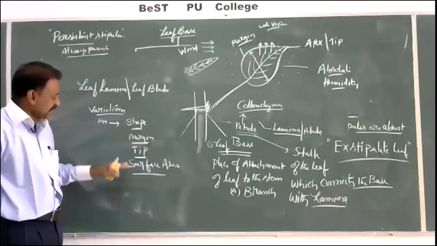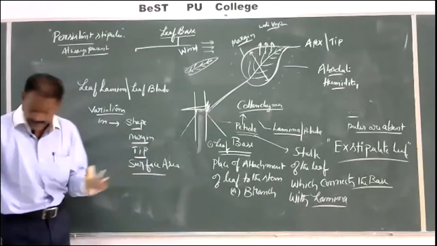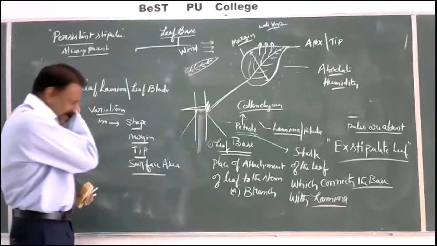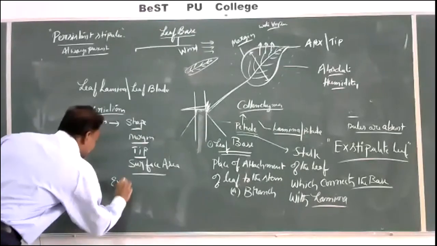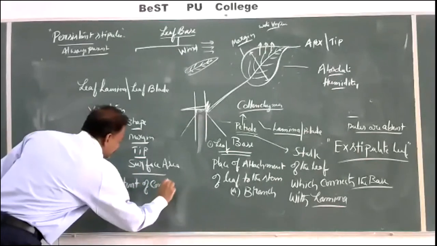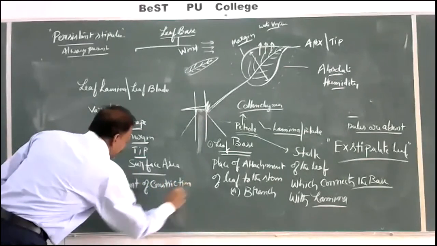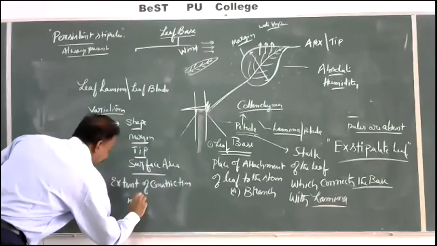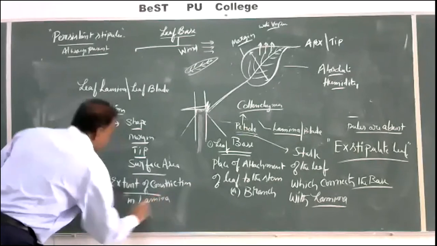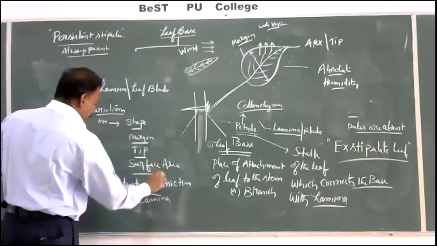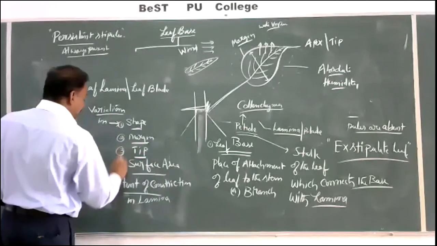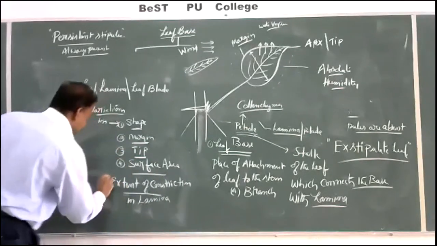We will see shape, margin, tip, surface area, and the extent of constriction in the lamina. That is the last point: 1, 2, 3, 4, 5. Compulsorily make a note of these and underline them in the textbook, in the last sentences of the textbook for the leaf.